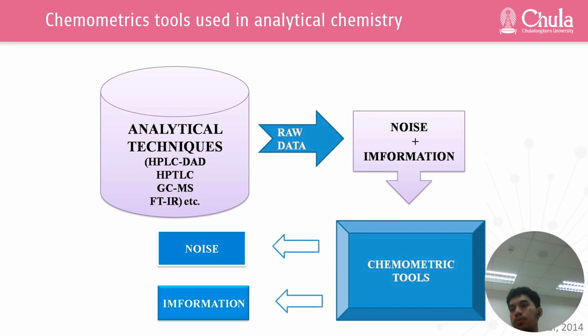We can also do some pre-processing such as SNV and normalization, smoothing, and everything. So the chemometric will analyze the data and give us information that we want to have.